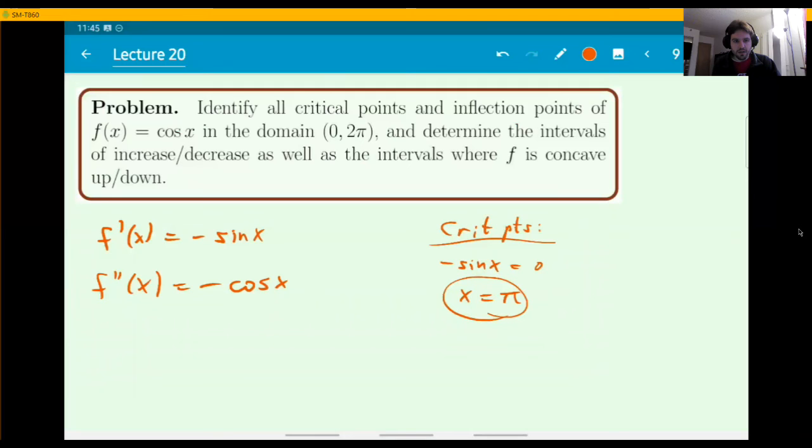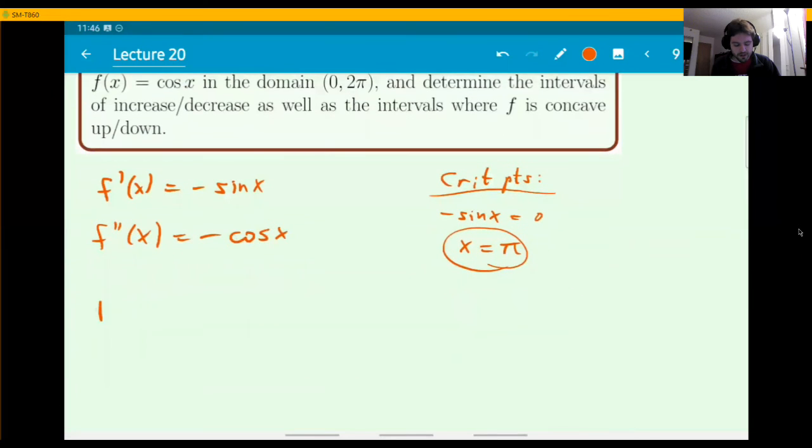All right. Now, this is going to be enough for us to determine intervals of increase and decrease. But if we also want to determine concavity, concave up, concave down, we also need to understand where f double prime is positive or negative.